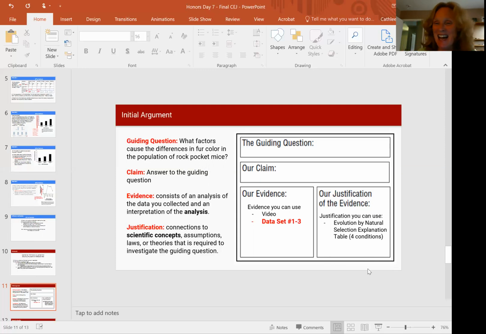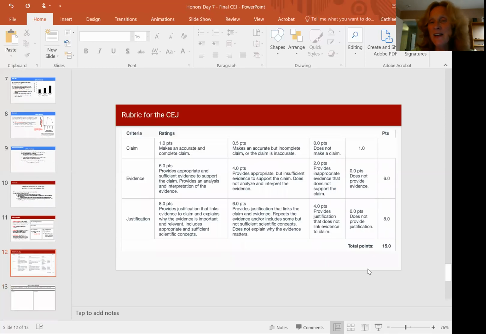So you just have to be as clear as you possibly can. Don't be very general, be really specific, okay? So here is an excellent CEJ. Make sure you are following it. If you're looking for perfect scores, then you need to make sure that this is what you have for every single thing, okay? All right, that should be it.